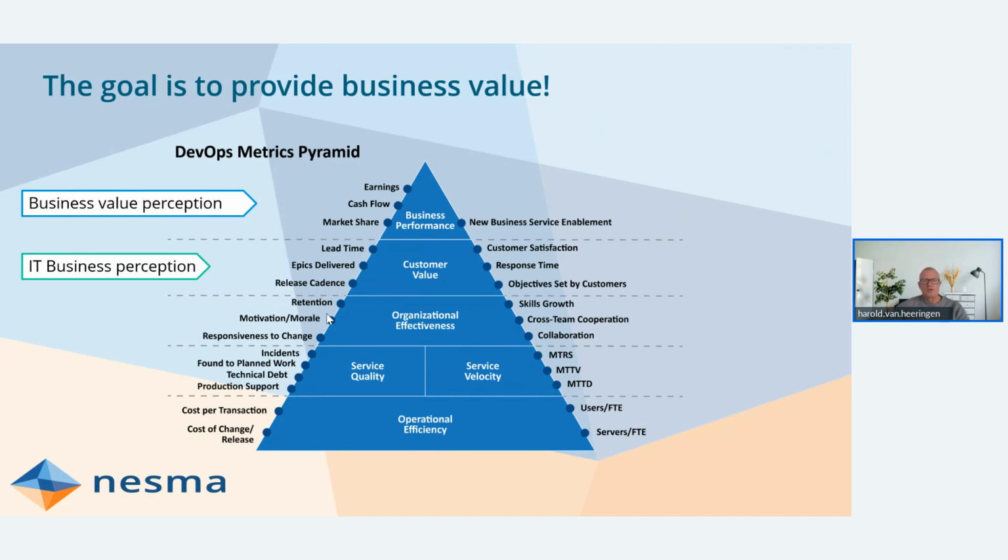And the further you go down, it goes more to the operational part. But somewhere, these metrics that are all in the pyramid, they should add up to the business value perception. So there must be some way that if you measure all these types of KPIs, you have some understanding about the business value in the end produced.